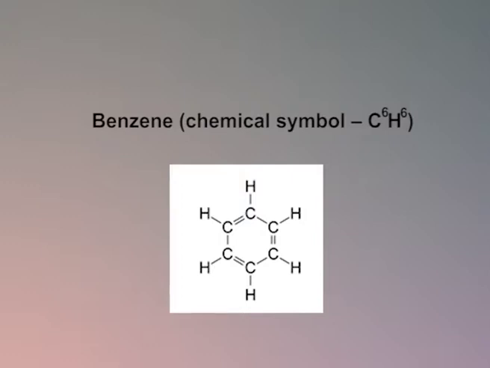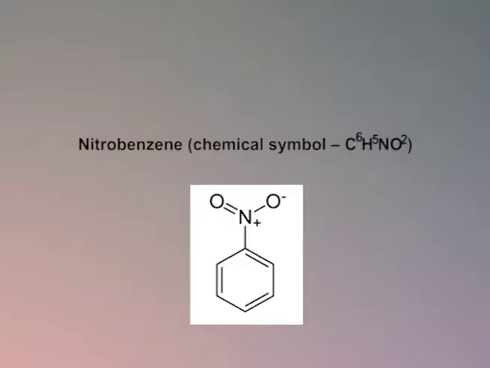Each molecule is composed of 6 carbon atoms joined in a ring with 1 hydrogen atom attached to each carbon atom. Its density is again very low, 0.876 grams per cc. Then comes nitrobenzene with the symbol C6H5NO2. It is water insoluble and a pale yellow oil with an almond-like odor, having density of 1.20 grams per cc. It freezes to give greenish yellow crystals.